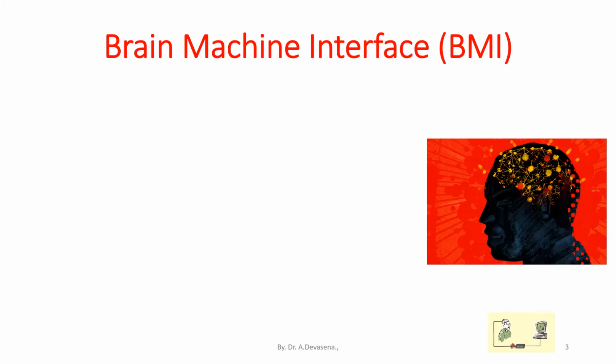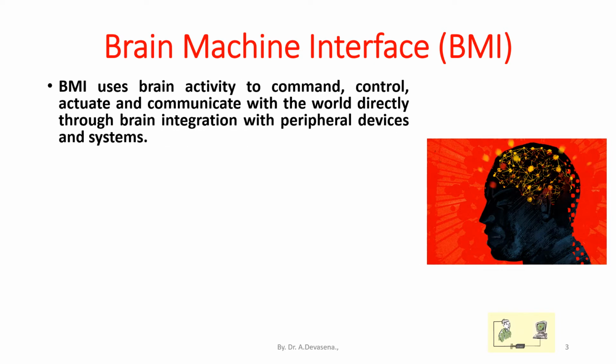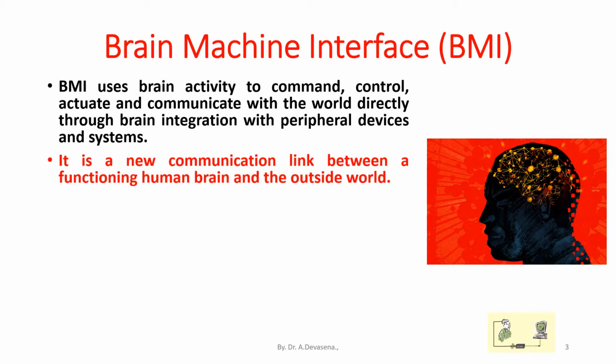BMI uses brain activity to command, control, actuate, and communicate with the world directly through brain integration with peripheral devices and systems. It is a new communication link between a functioning human brain and the outside world.